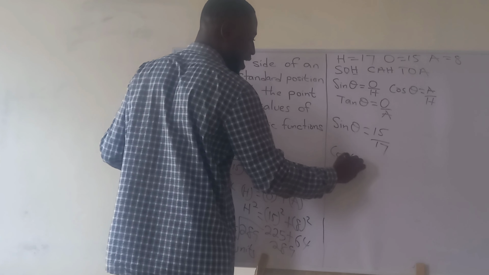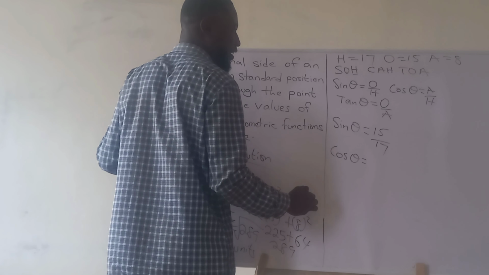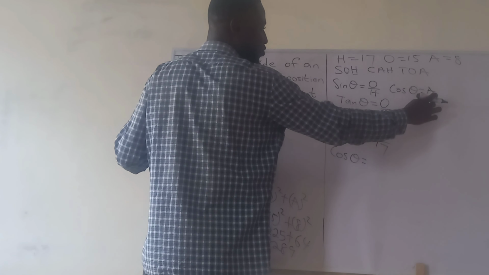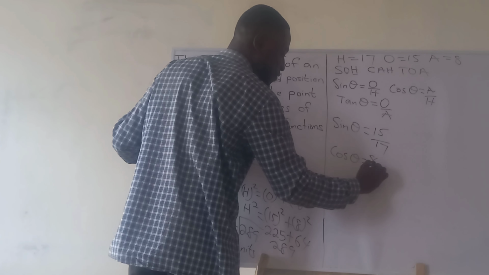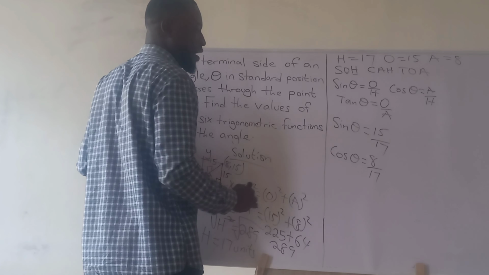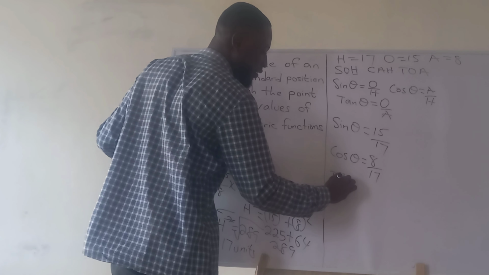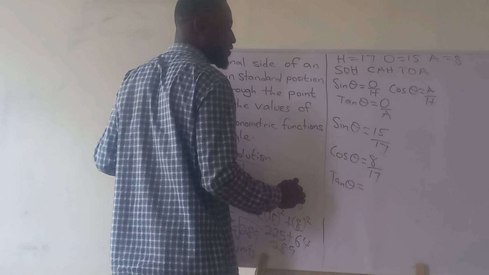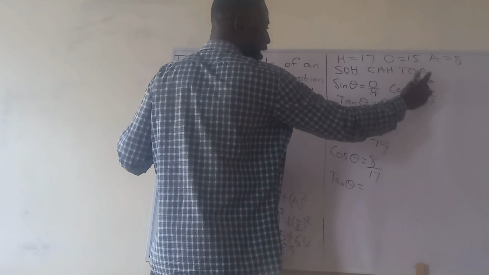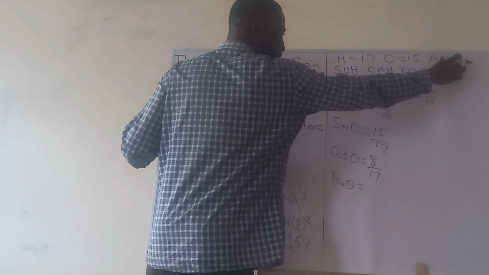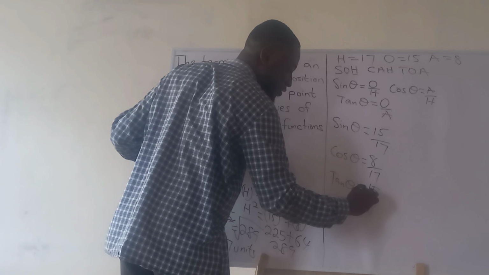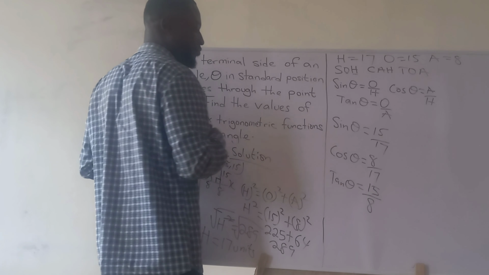Our cos theta, which is adjacent over hypotenuse, is 8 over 17. Our tan theta, which is opposite over adjacent, where O is 15 and adjacent is 8, is 15 over 8.